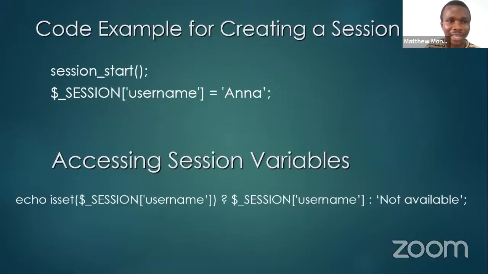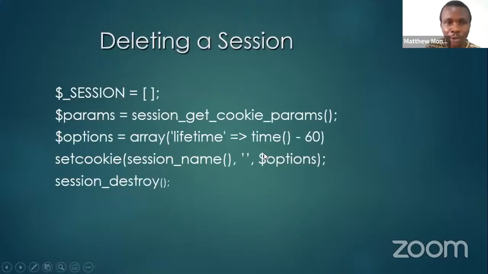So how can you delete a session? I already told you how you can create a session and how you can access it. Now, to delete a session, you simply set the session array to an empty array. That is the first step. Then you need to set the lifetime to a time in the past. When you want to set the expiration, you use a positive sign, indicating a time in the future.